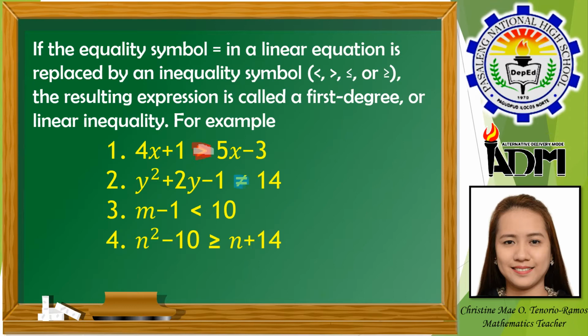Not equal to 14. And then next is m minus 1 is less than 10. So, ang ginamit naman natin is yung less than. And then for number 4, n squared minus 10 is greater than or equal to n plus 14. So, yan naman yung ginamit natin. So, these are all linear inequalities.